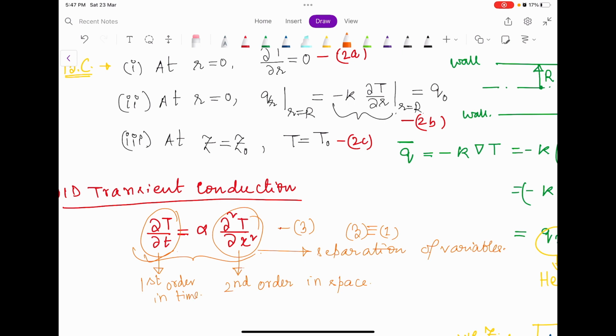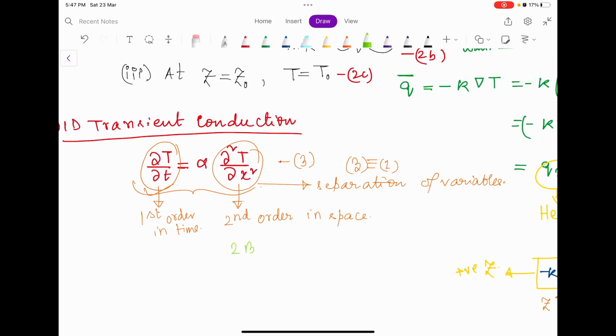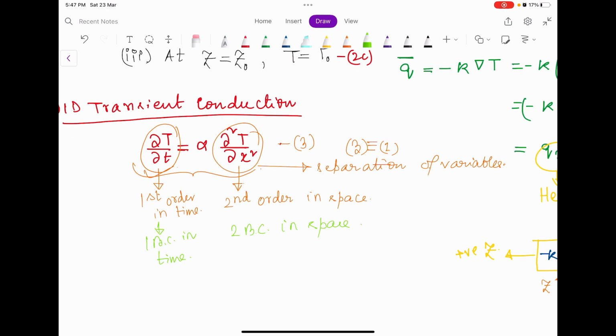So you should have two boundary conditions in space and one boundary condition in time. Out of these three boundary conditions, you should have two homogeneous boundary conditions and one non-homogeneous boundary condition.